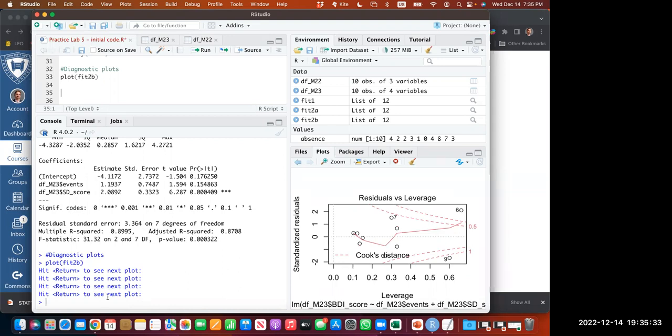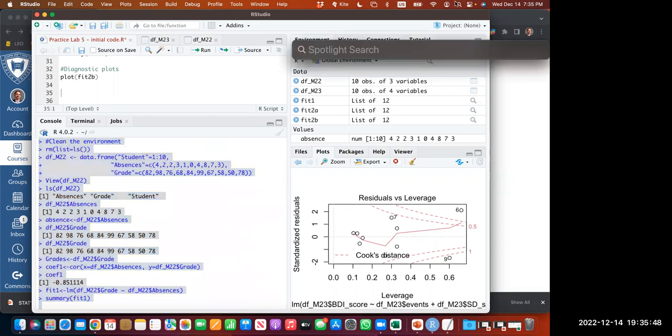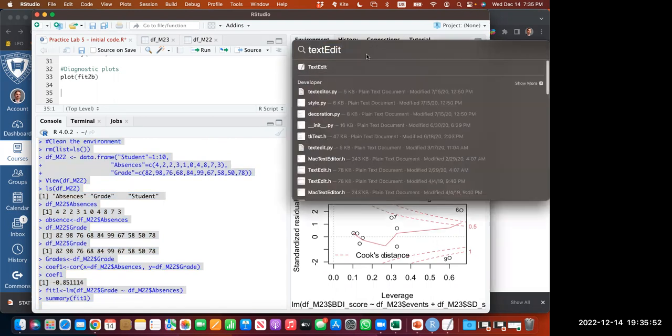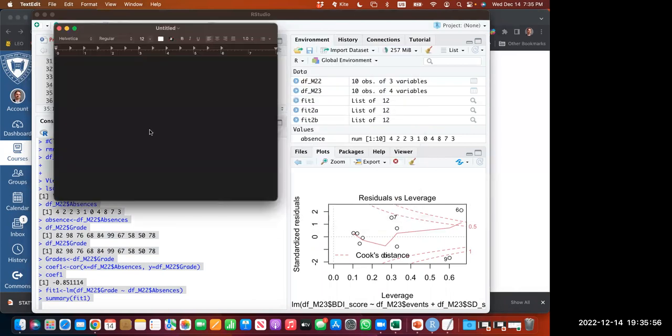The only thing to keep in mind is you need to press return 4 times to get through the plots when you run the code. But basically, this is the point where you go and select everything in the console. You go on Spotlight, you find TextEdit, and you're basically building your document.